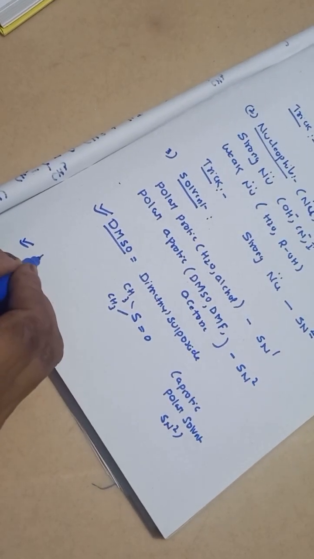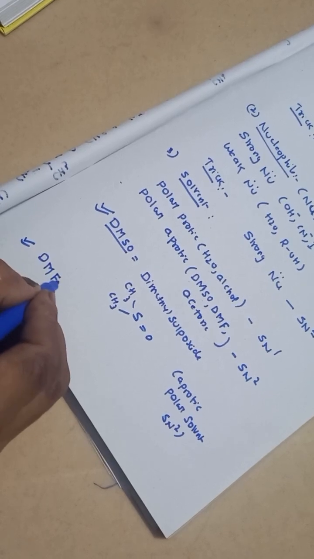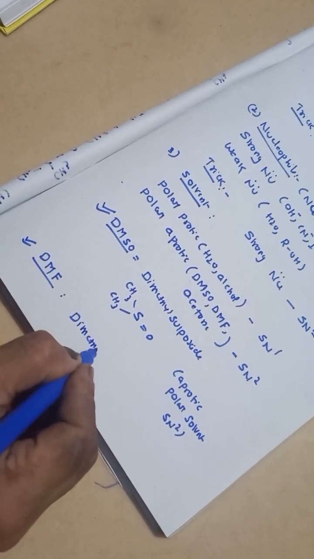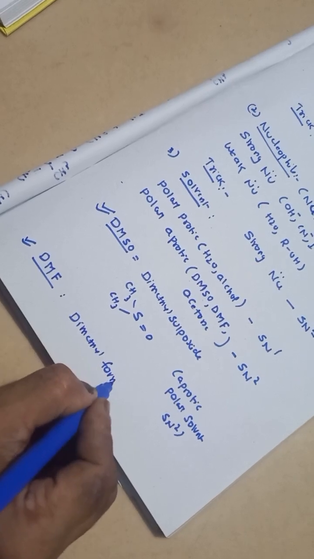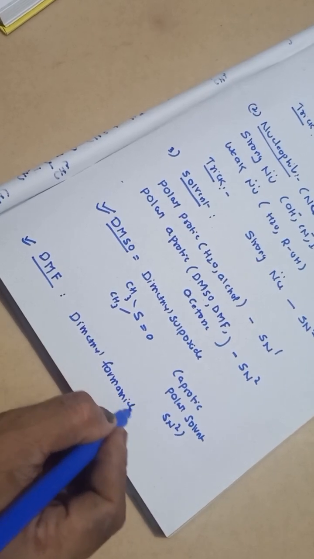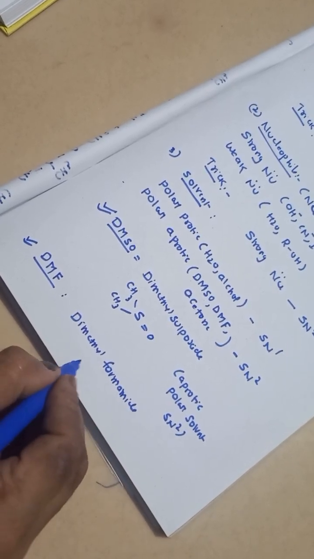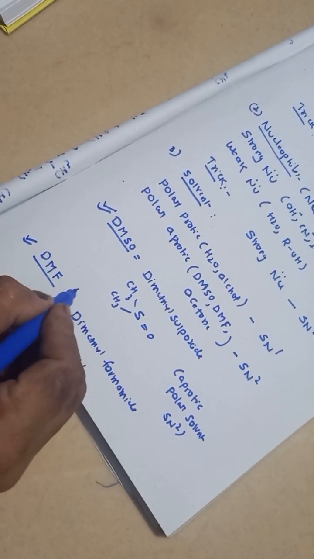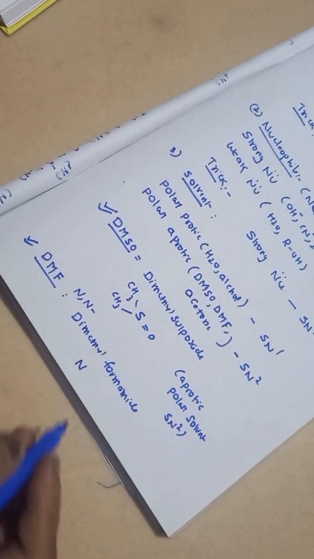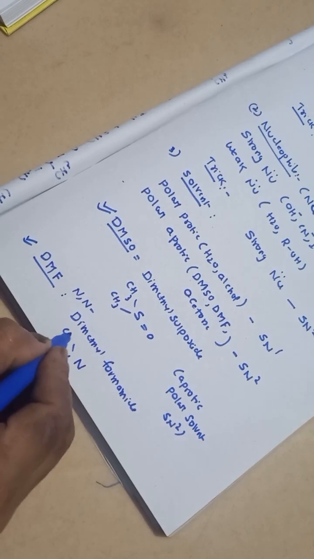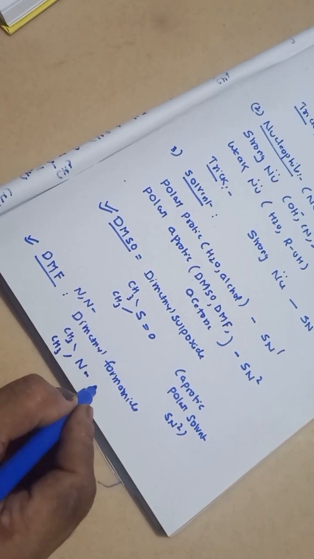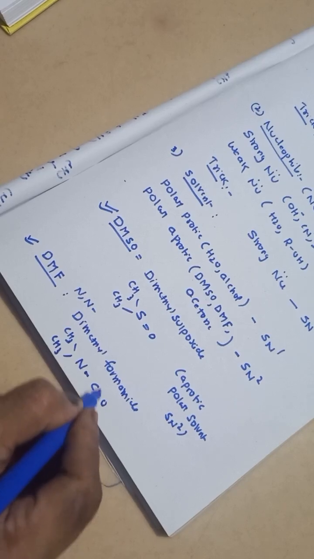Now coming to DMF, dimethyl formamide. N,N-dimethyl formamide, right? CH3. This is also the same as this, simply here an aldehyde group is present.